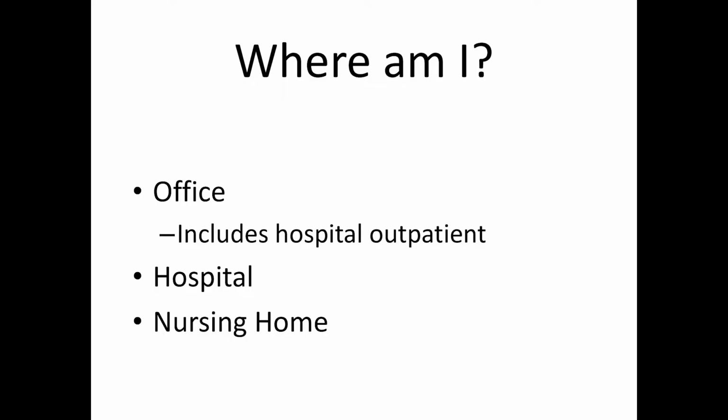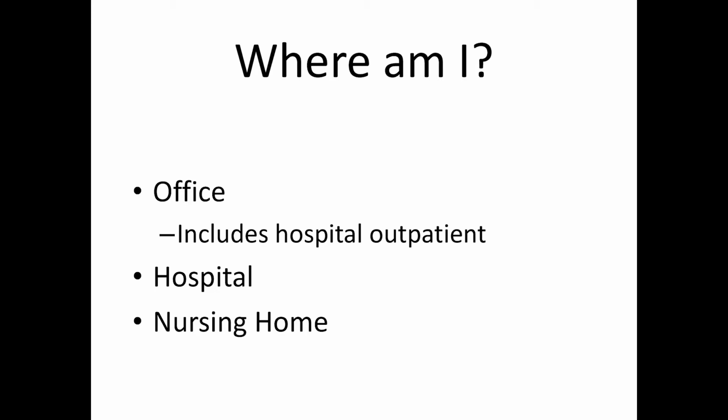As you look at that list, you see new office, established office, new hospital, established hospital, and so on. So as we pick the code that we use, the first question you need to ask is the easiest one: where did this take place? There are office codes, hospital codes, nursing home codes.